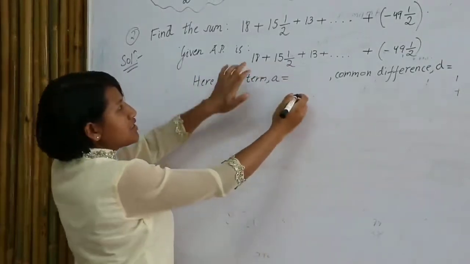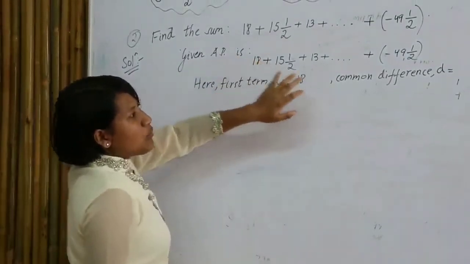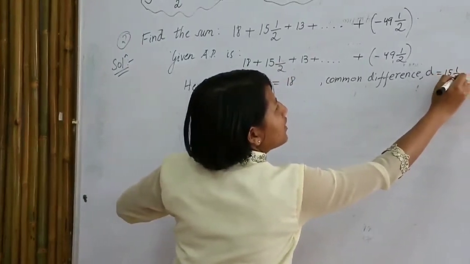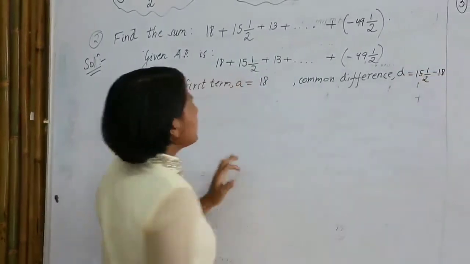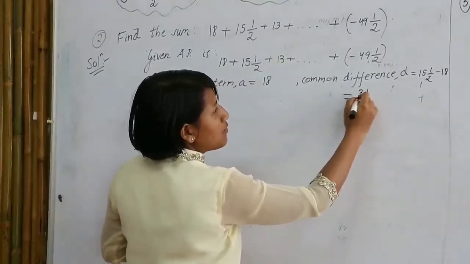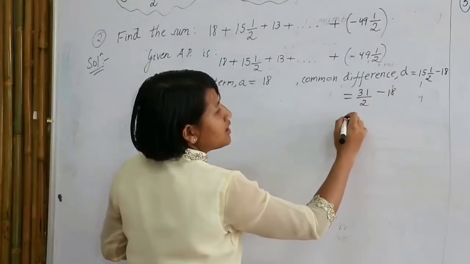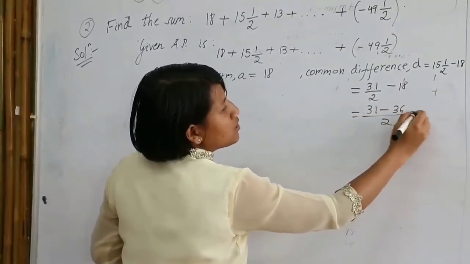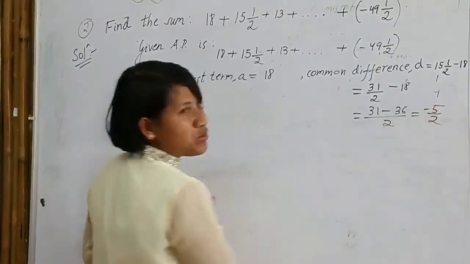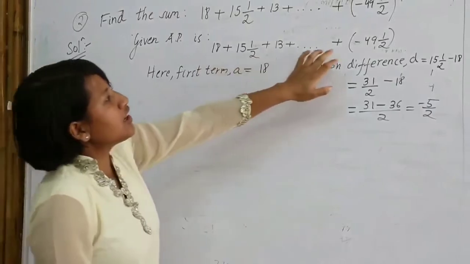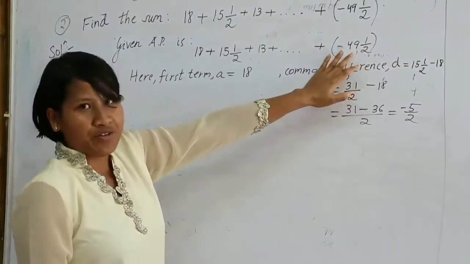So first term is this. Common difference is 15 and a half minus 18, so it is 31 by 2 minus 18, which is 31 minus 36, so which is minus 5 by 2.